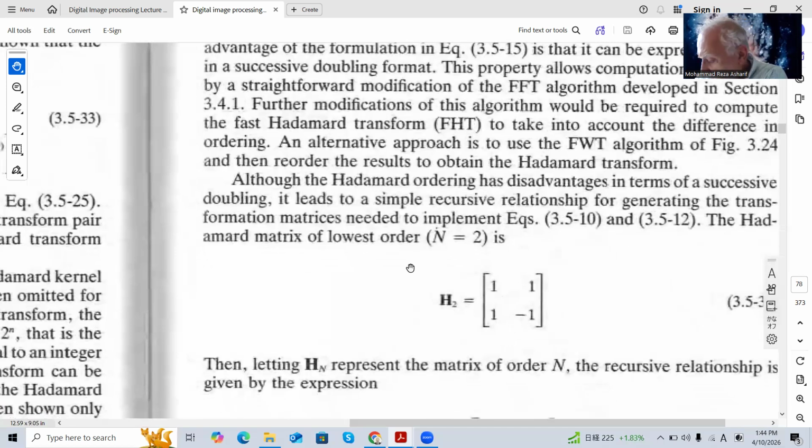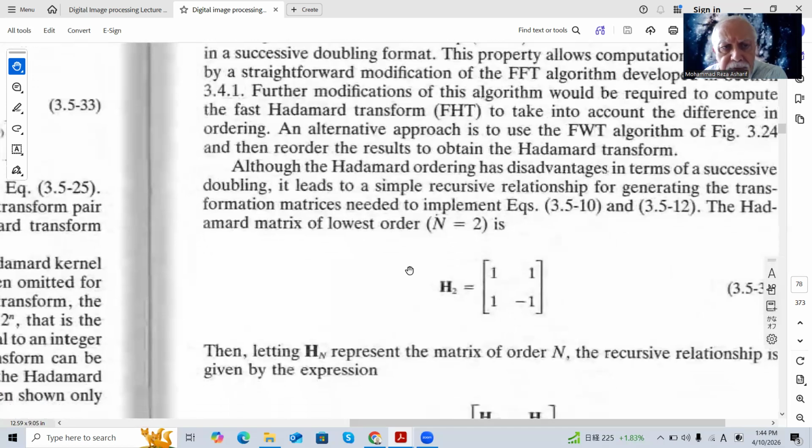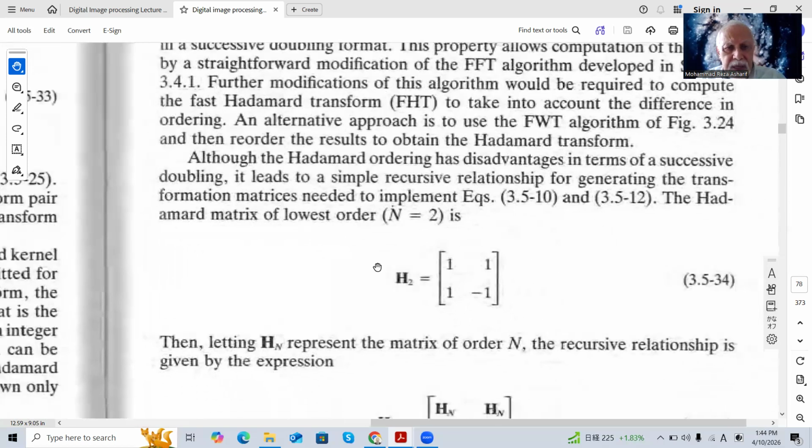But the most important part is this: you can make a successive doubling of the Hadamard transform by this. For instance, in matrix form, H2, as I said, in general the matrix for the transformation, the kernel of the H2 Hadamard transform is 1, 1, 1, minus 1.